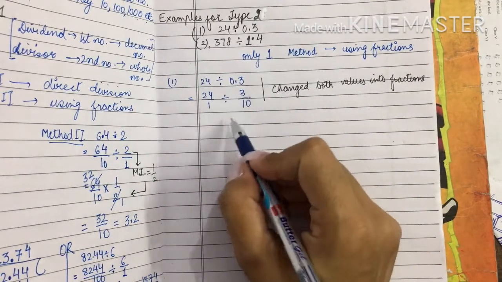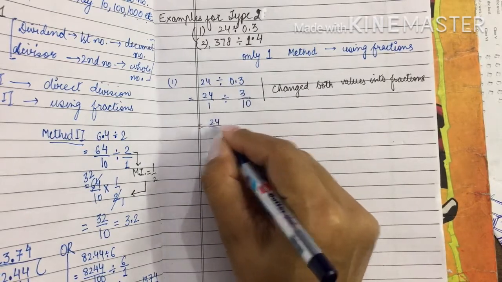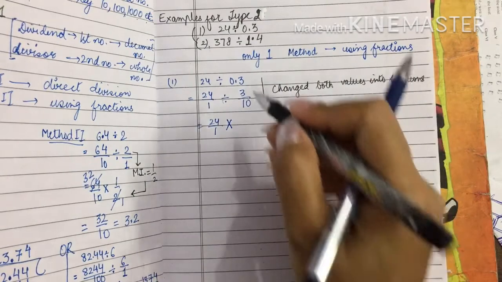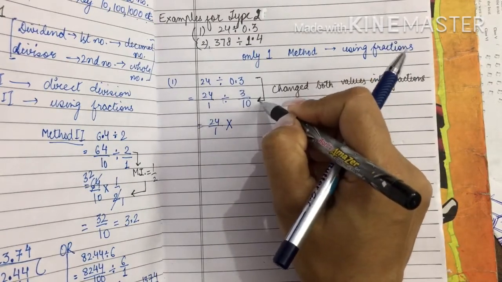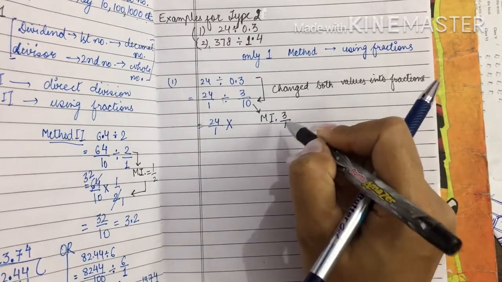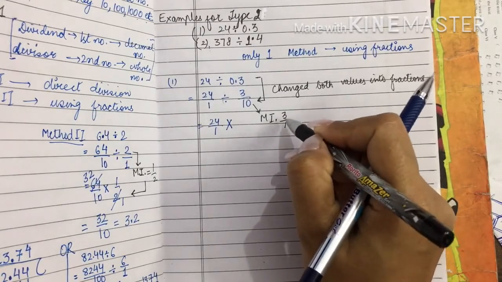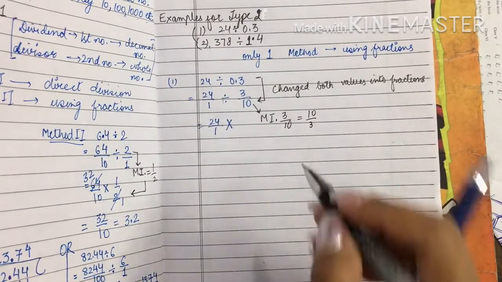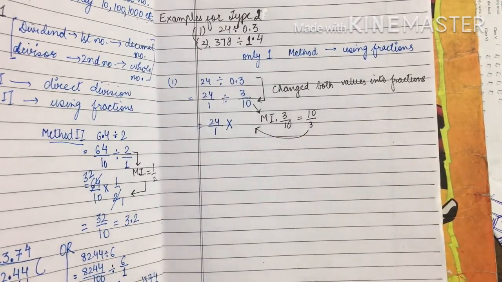Now I will carry out the division. 24 by 1, changing the sign of division to multiplication, and the next step is to write its multiplicative inverse. The multiplicative inverse of the second fraction is 10 by 3. So I'm going to use 10 by 3 here.